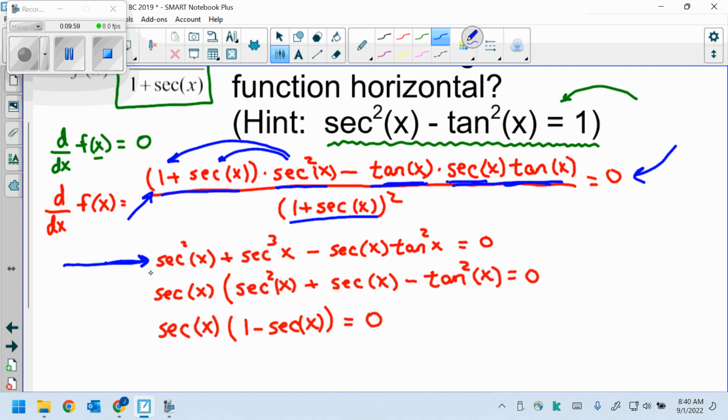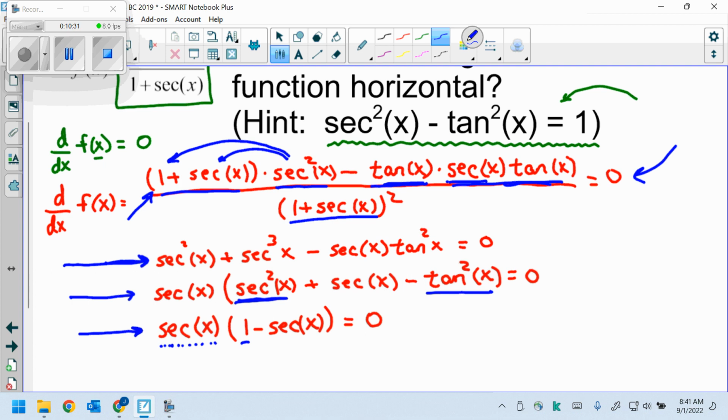Now I notice everything has a common factor of secant, so I'm going to factor out the secant. And I got a secant squared plus a secant minus a tan squared. And secant squared minus tan squared is 1. So that's where this step came from. So now, when is secant equal to 0?